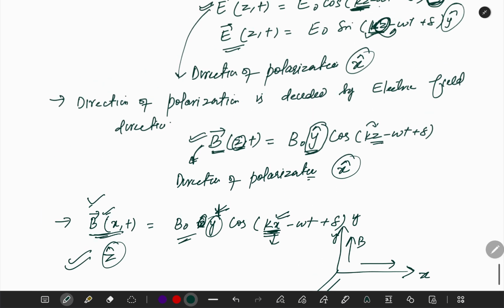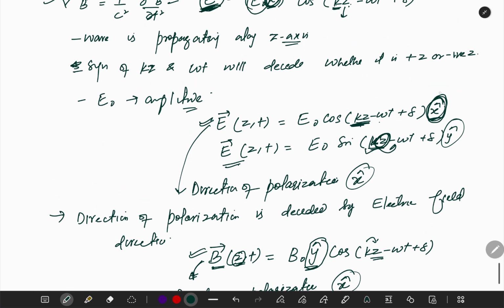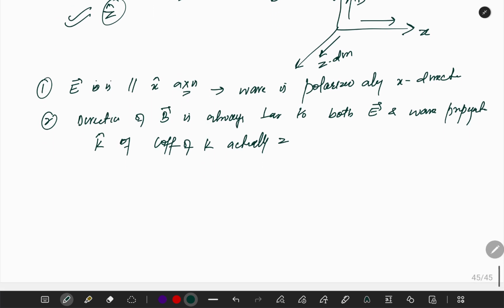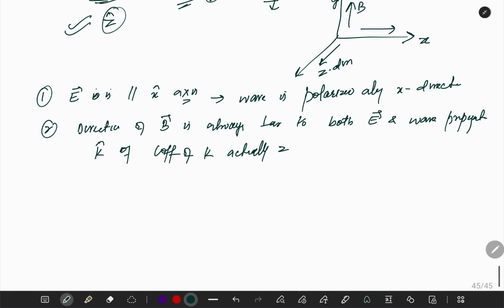I'm taking this as the solution. So electric field is along the x direction and wave is traveling along the z direction. So you can see from the solution that the coefficient of k will decide the direction.